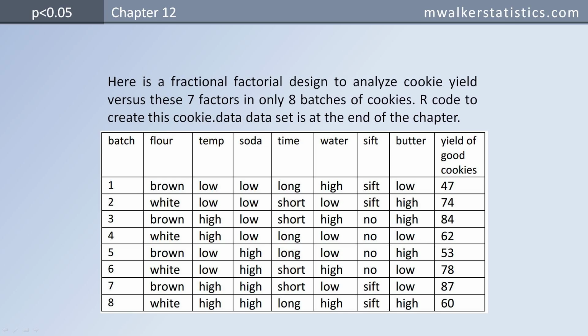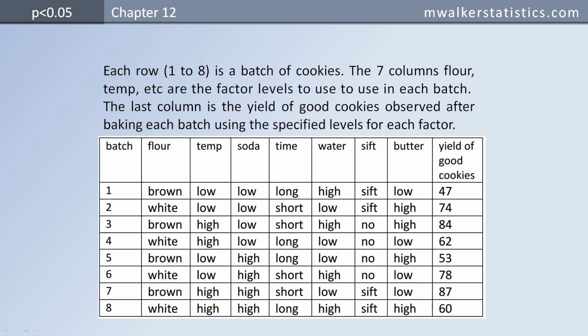Here is a fractional factorial design to analyze cookie yield versus these 7 factors in only 8 batches of cookies. Our code to create this cookie dataset is at the end of the chapter. Each row, 1 to 8, is a batch of cookies. The 7 columns, flour, temp, and so on, are the factor levels to use in each batch.